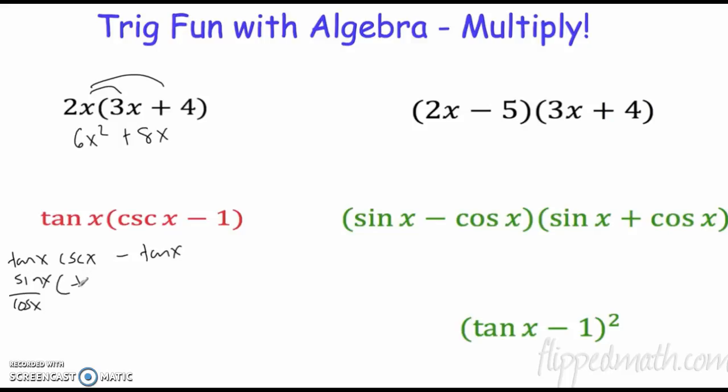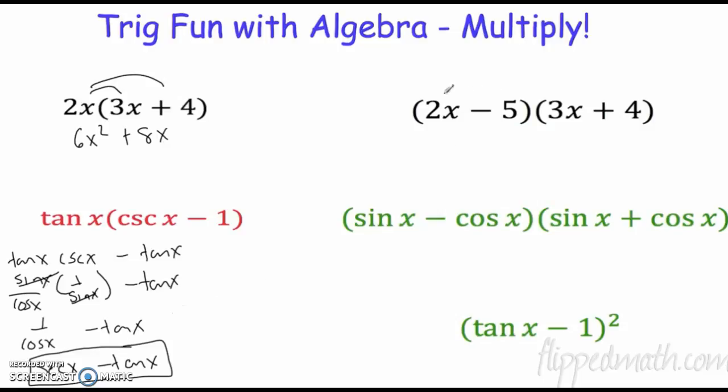And cosecant is 1 over sine x. So we can reduce this a little bit. So that's 1 over cosine x minus tangent x. And that, of course, is secant x minus tangent x. Just using the algebra, combining it with a little bit of trig.